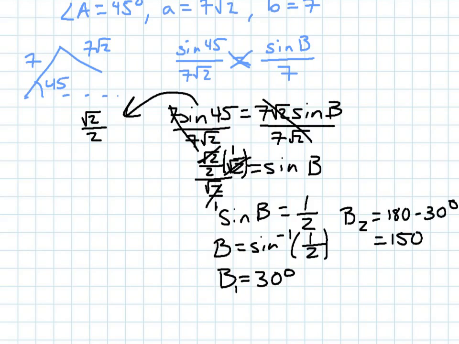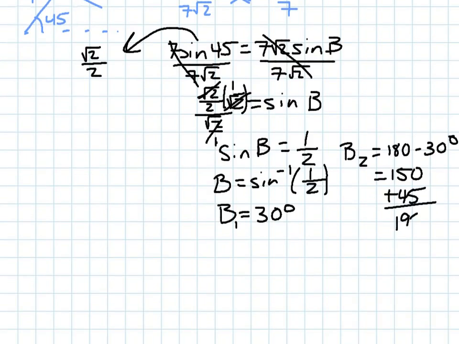Now, I need to check with the angle that I was given to see if I have a possibility for an angle C that could fit in there to make 180 degrees. If it's greater than 180 degrees, then there's no possible way that that's a solution for angle B. So then we're left with angle 1. So here, if I add 45, which is angle A, I get 195.